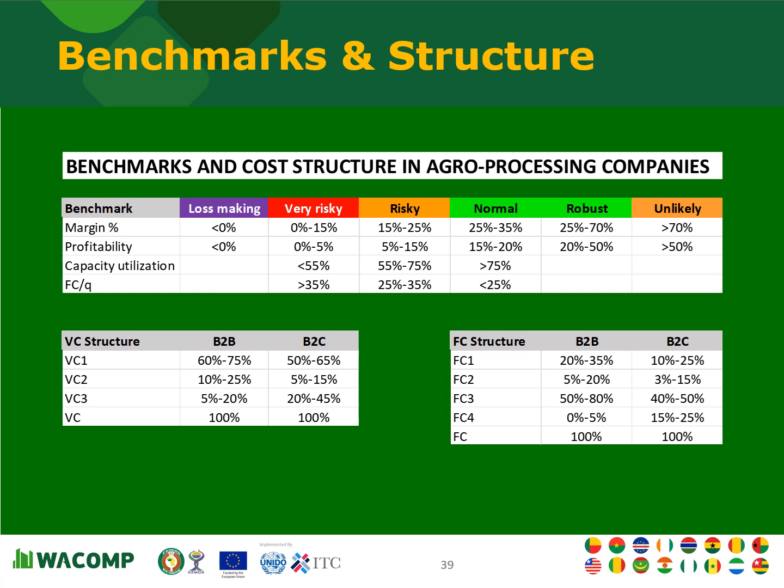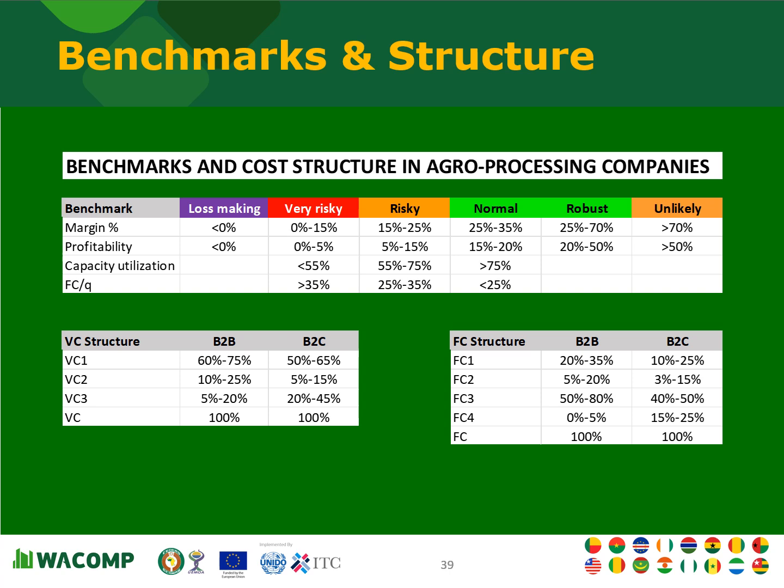The third table gives you a structure for the fixed costs, FC1 up to FC4. Again, a difference must be made between B2B and B2C. And that is because B2C requires higher marketing costs, FC4, advertisement, you name it.